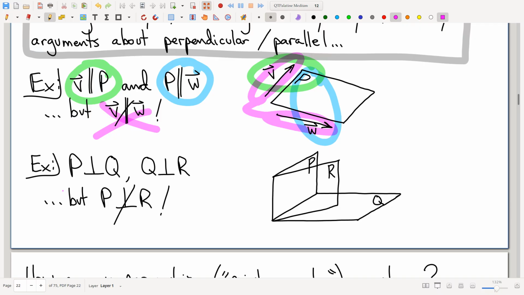Okay. So, I suppose it would be possible for me to write down a complete list of all possible transitivities involving lines and planes and vectors, and parallel and perpendicular and combining to make parallel or perpendicular, in 2 dimensions versus in 3 dimensions versus in higher dimensions.